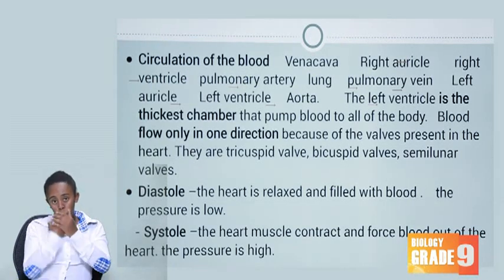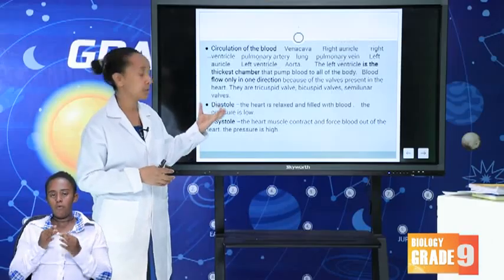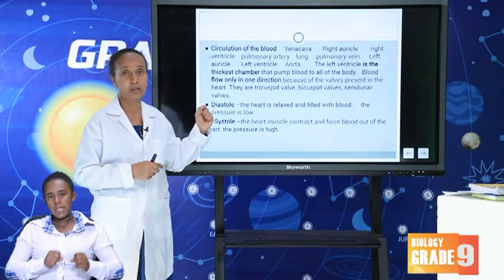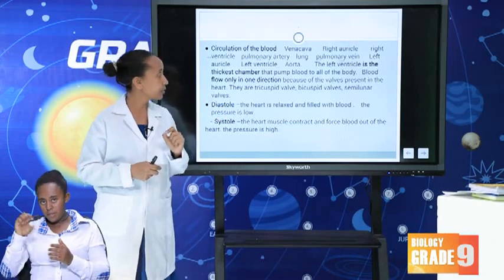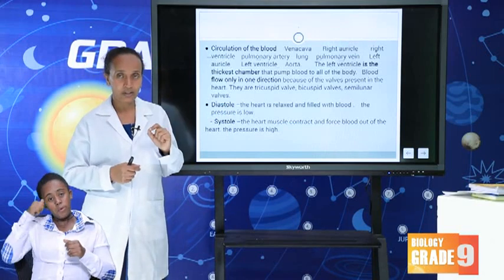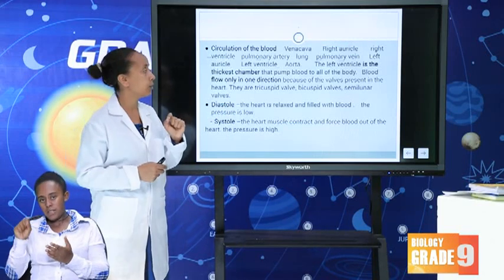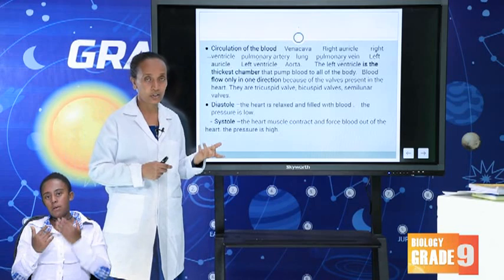Unidirectional flow of blood occurs in our circulatory system due to the presence of valves. I hope you remember these valves that allow our blood to flow in one direction.